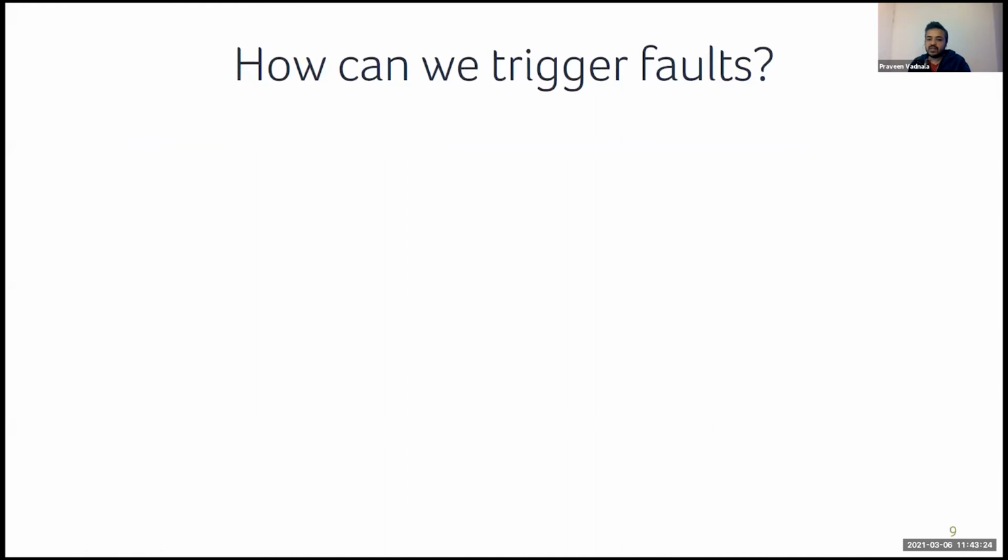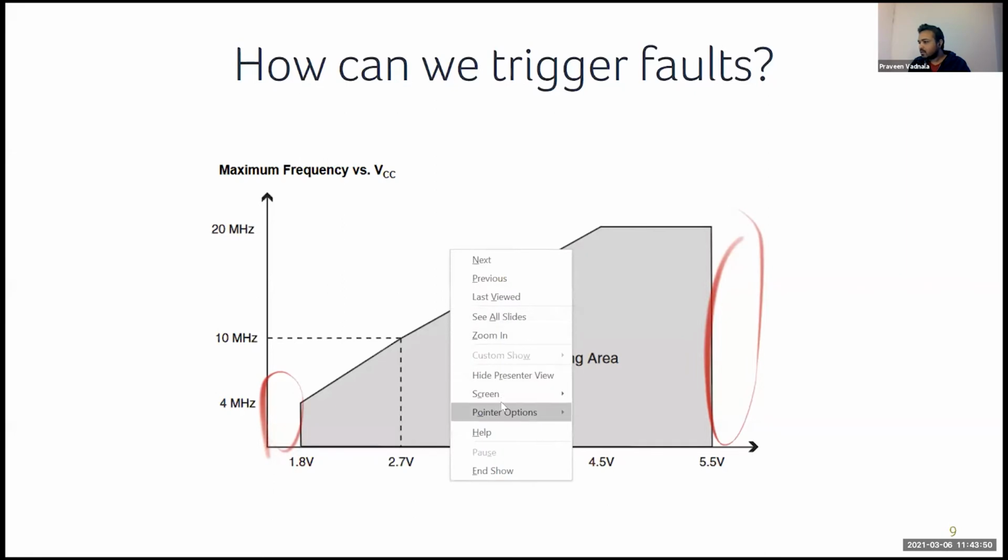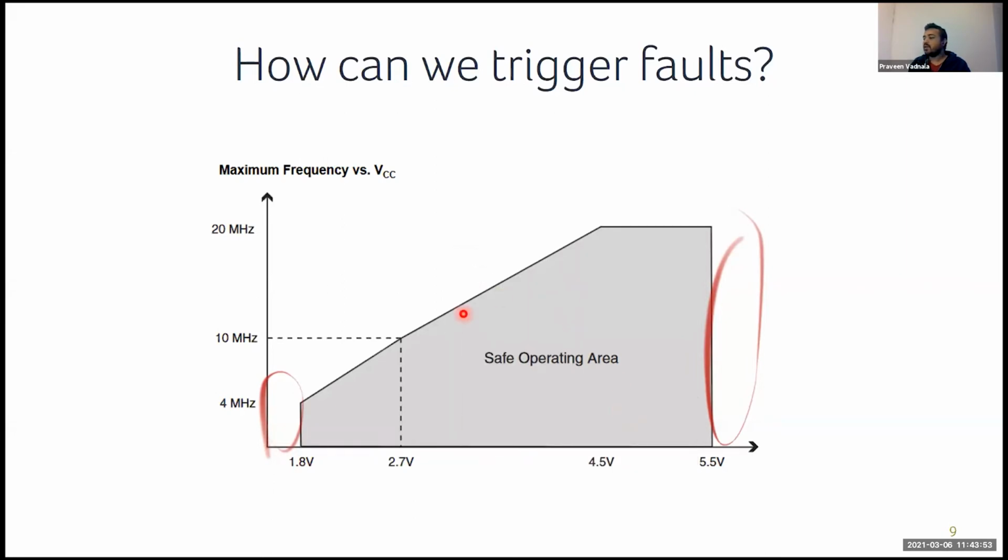But how can we trigger faults in devices? Typically, any integrated circuit has a safe operating area, which defines what frequency it can operate at and what voltage levels it can operate at. So this is the safe operating area, and anything beyond this is not going to make the chip work.